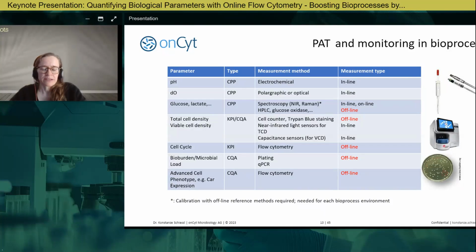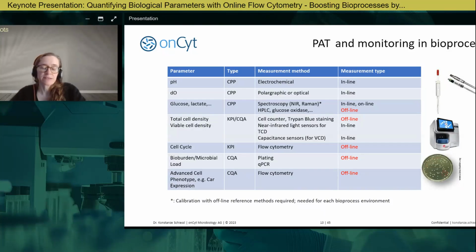Then another one, since I love to talk about microbiology, so bioburden, that's important. What's the microbial load? And nowadays, these things are also done offline, like plating or qPCR, cultivation dependent or replication dependent methods for that. And then the last example is really, really advanced.